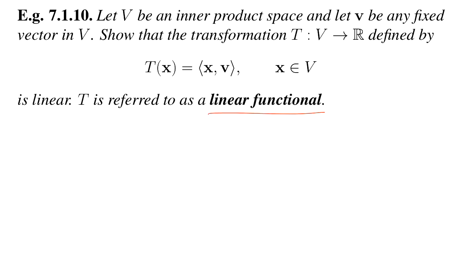Okay? And one way of interpreting what axiom 2 of the inner product list of axioms says is that for any fixed choice of the first argument, you have a linear functional. Okay? It's a linear functional of the second argument.